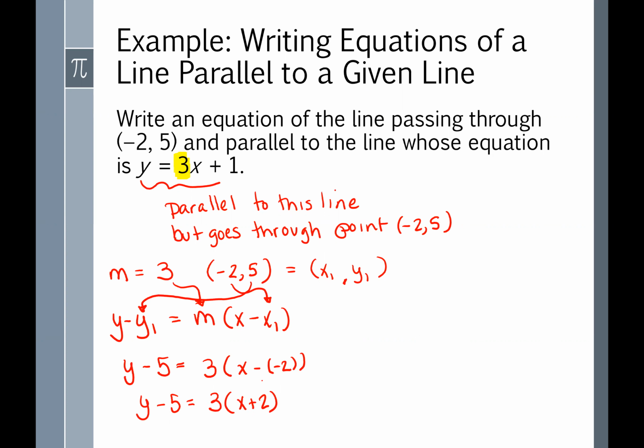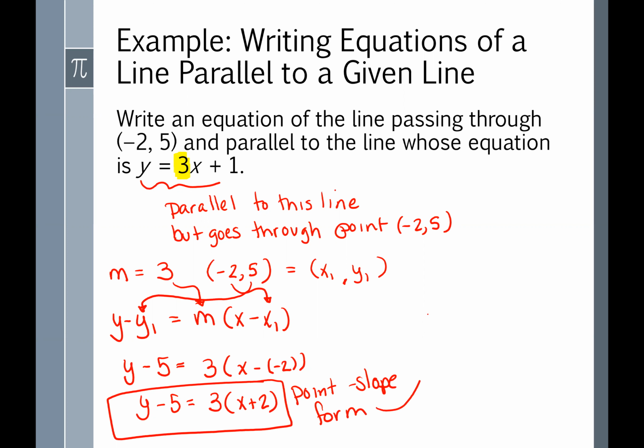And if it tells me to put it in point slope form, I am done. That is point slope form. If they tell me to go ahead and put it in slope intercept form, I have a little bit more work to do.